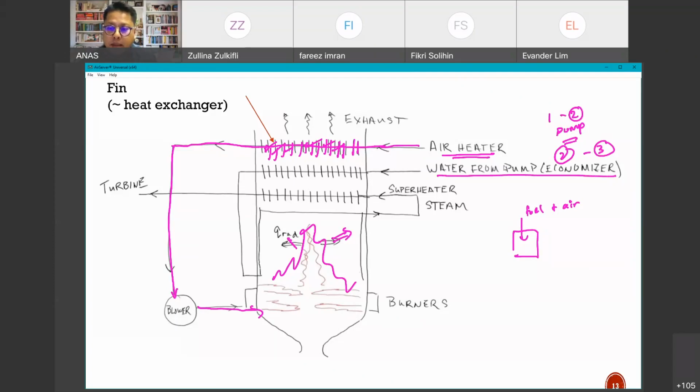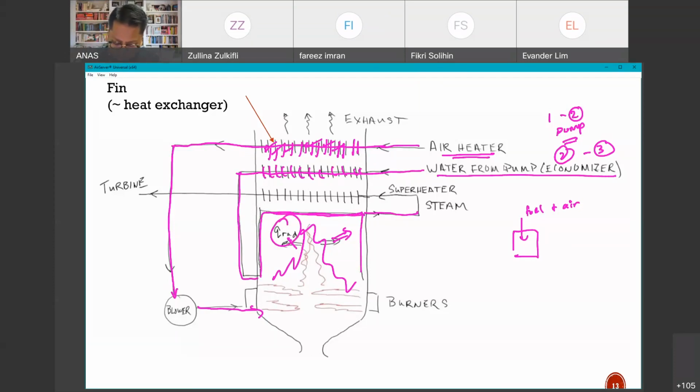So water from the pump passes through here, and again we have fins to increase the surface area so that the heat transfer can be increased. It passes through this boiler, where the heat is absorbed by the pipe in terms of the Q radiation.